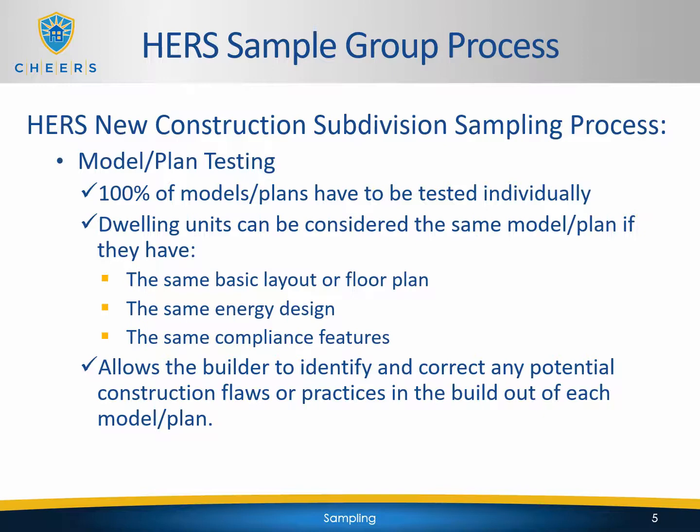If they fail, then the builder can make the corrections on this single home instead of having 20 or 30 homes already built before you come out to do your testing, and then finding there's an issue they now have to correct on a whole lot of homes. This allows you to get everything correct and working right, so that when you go into the actual production, things should run fairly smoothly.